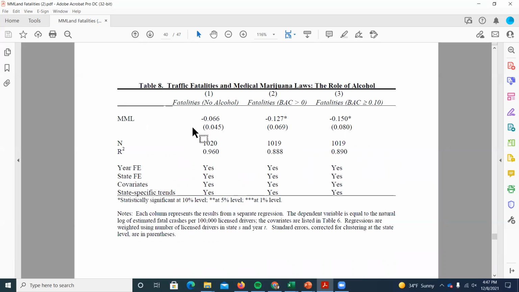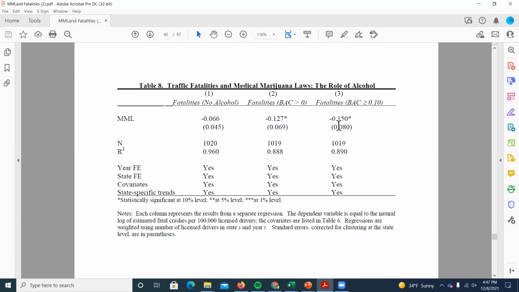What they found was it's a negative effect, but we really can't say it's different from 0 at any of our conventional benchmark values. However, for traffic fatalities where someone had a blood alcohol content over 0 and then a blood alcohol content of 0.1 or higher, that's really the traffic fatalities we're no longer seeing, right? That's where the greatest reduction was.